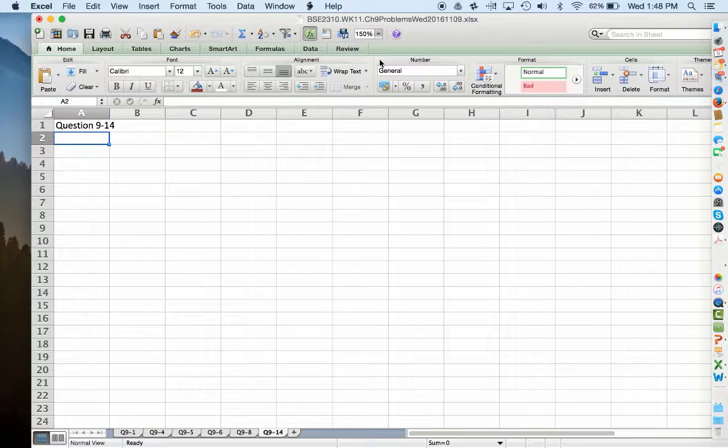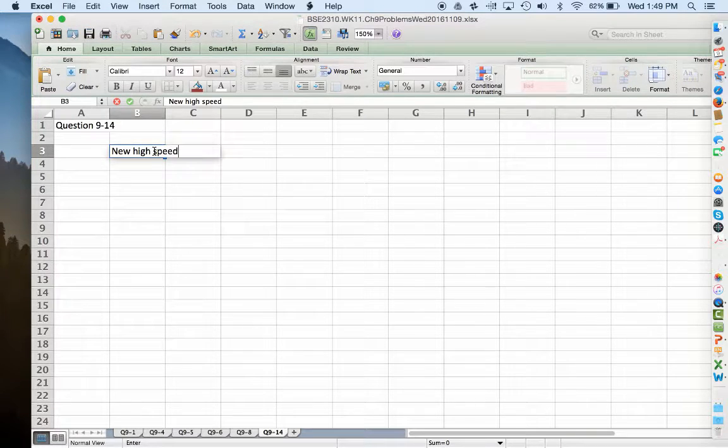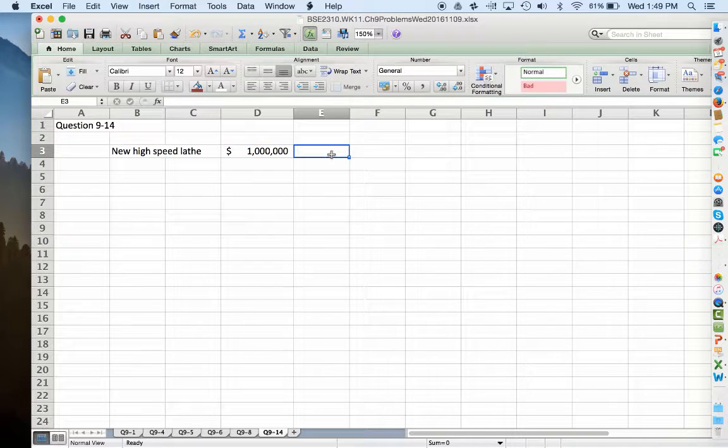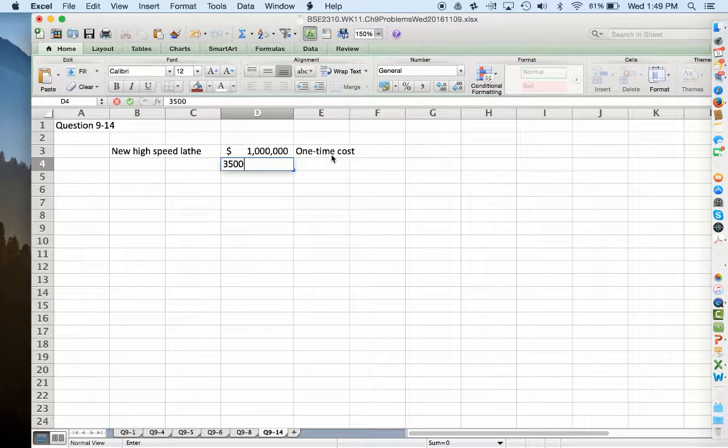So, the new high-speed lathe has $1 million of one-time cost, and then each year, $35,000 annual cost to run it.